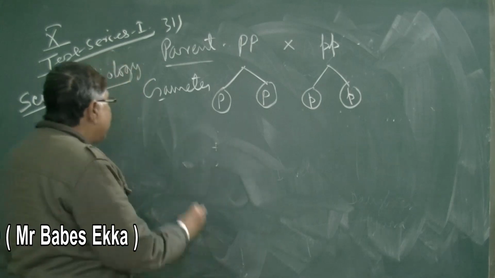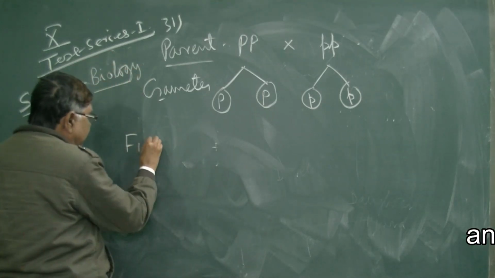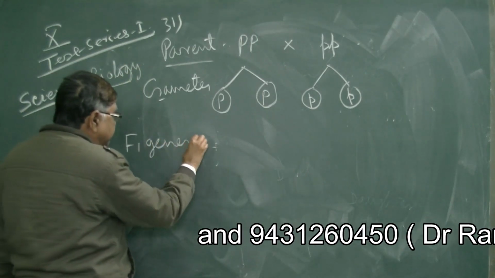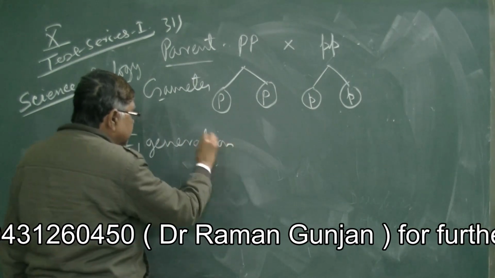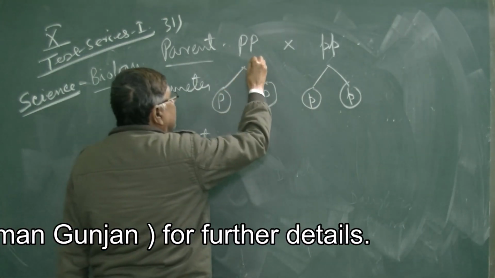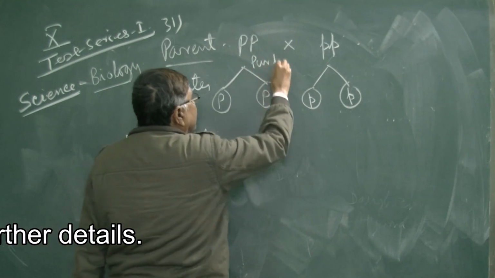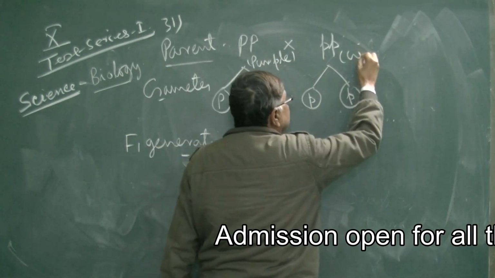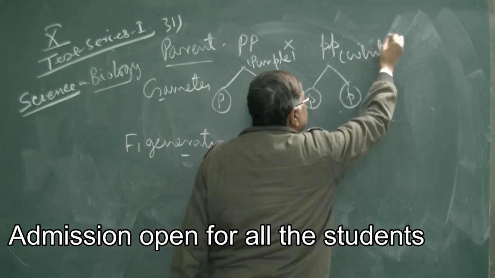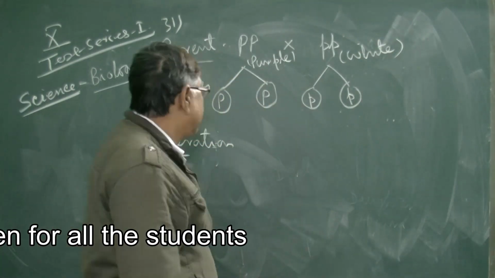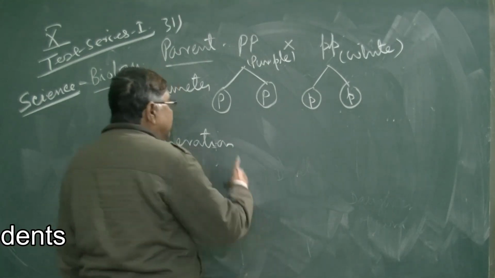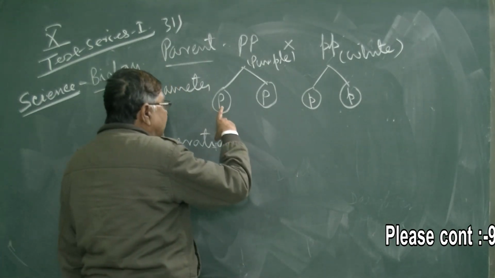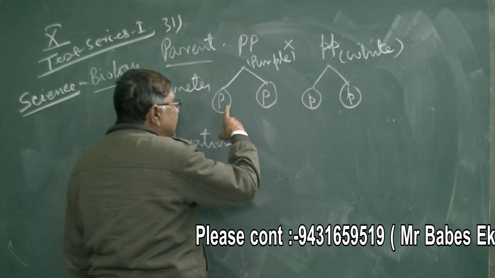Now the F1 generation. How the F1 generation? It is purple, dominant character, and it is white, small p, recessive character. Then how will the F1 generation arise? We will cross these gametes with this one.